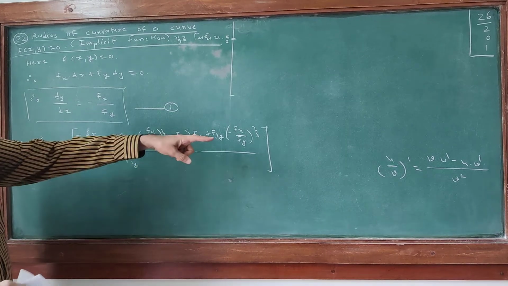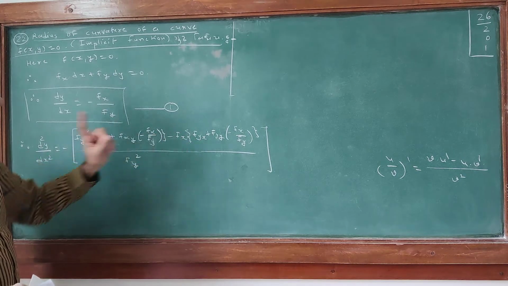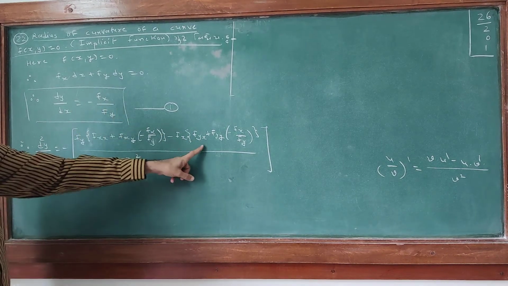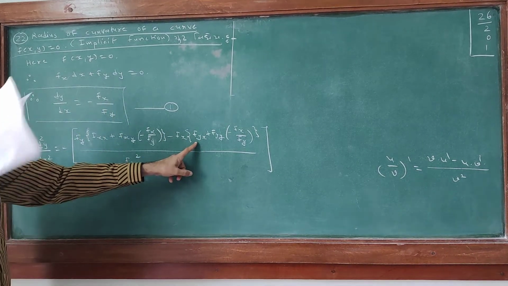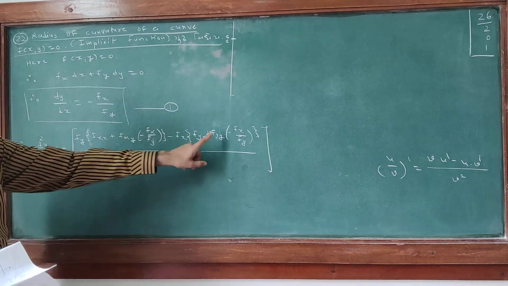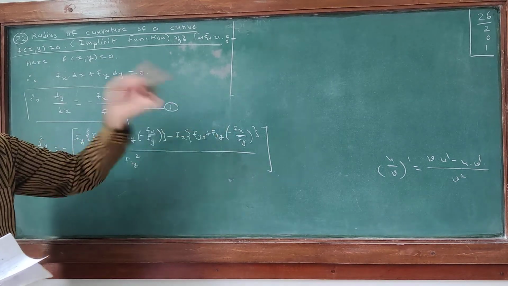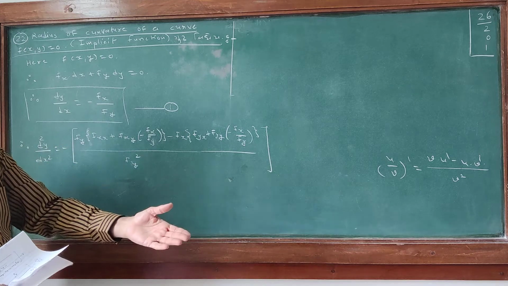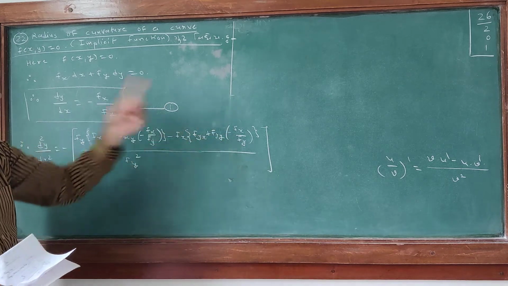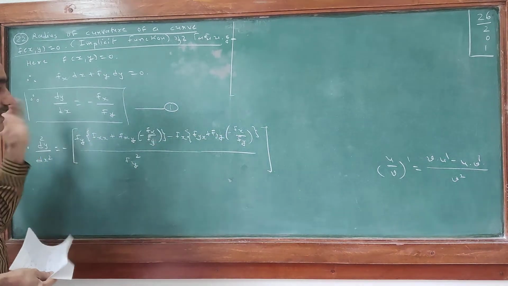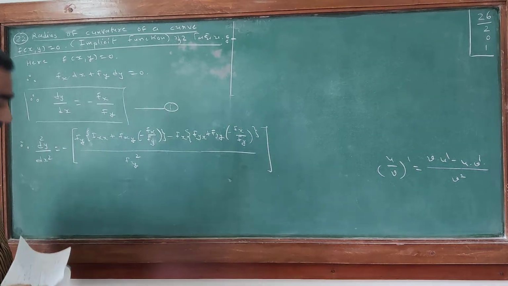Minus numerator, the differentiation of denominator, that is first with y means f y is that, means it is f of y x plus f of y y, and as we differentiate it with respect to y, minus f x upon f y is there because of dy by dx. Have a look.